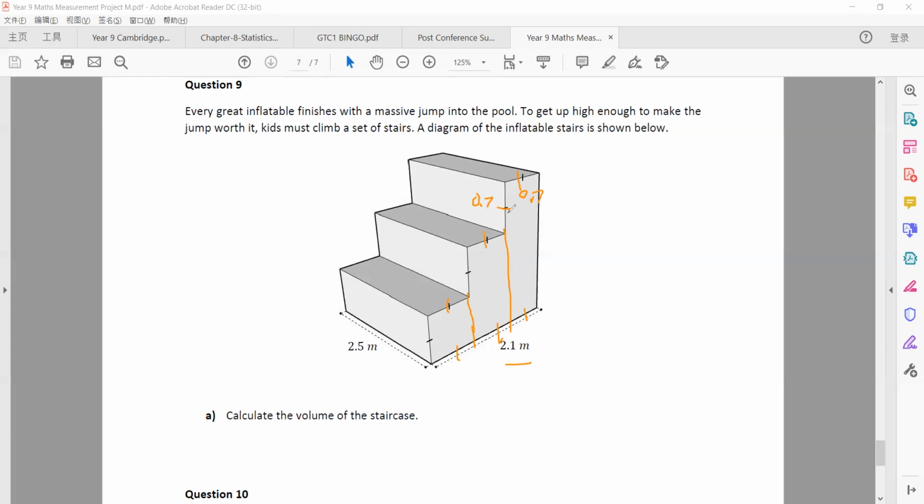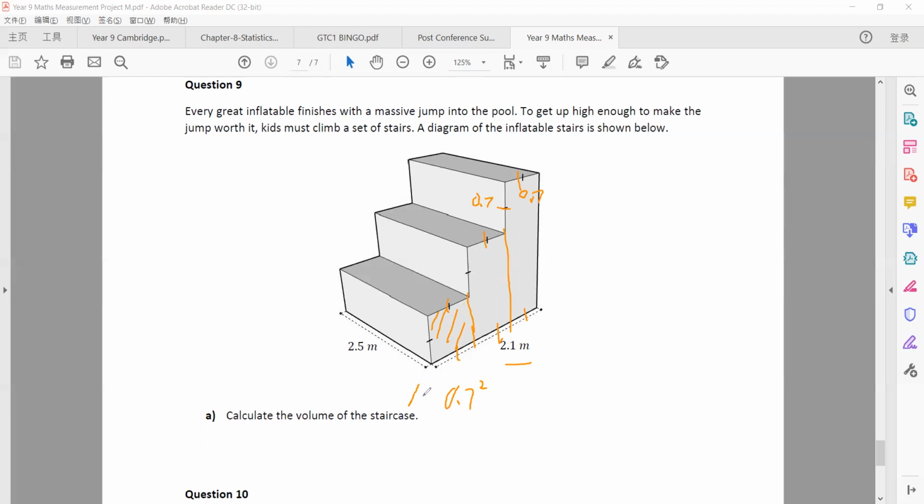This one is also the same, 0.7. So we get the area of this part. Sorry, I just used a different color. Because each side is 0.7, the area is 0.7 squared. That's A1.